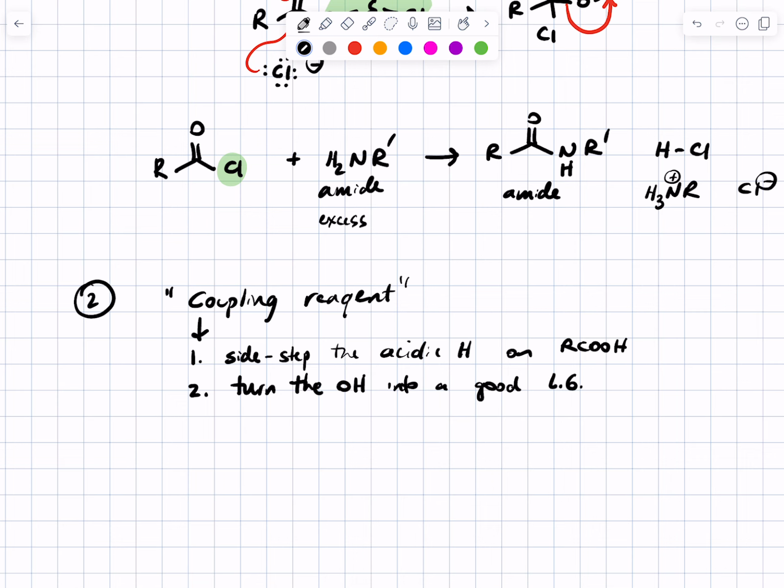So we're going to introduce a new reagent here. As with a lot of reagents, it's going to have an acronym that you will probably remember it by. That reagent is called dicyclohexyl carbodiimide, or DCC for short.